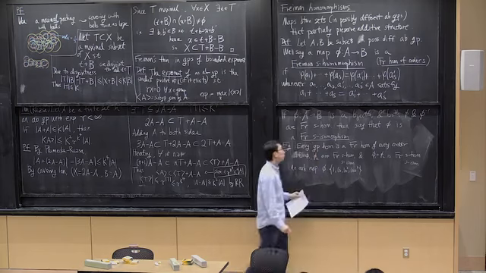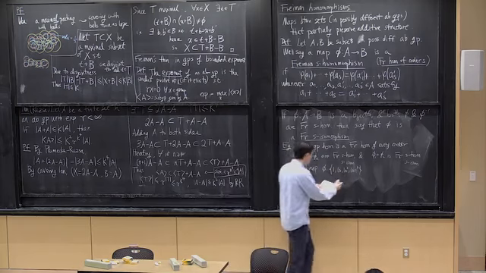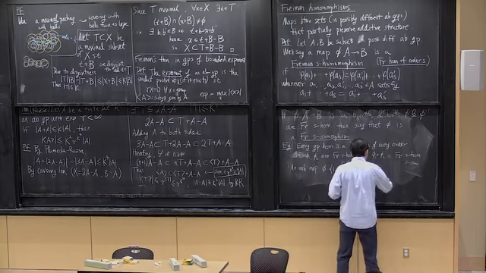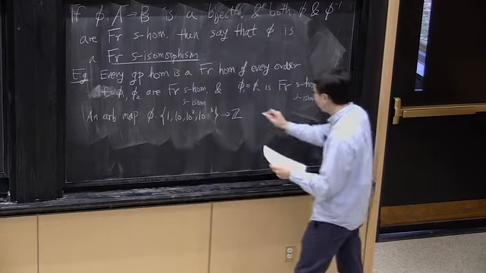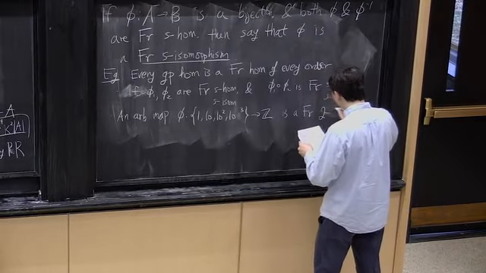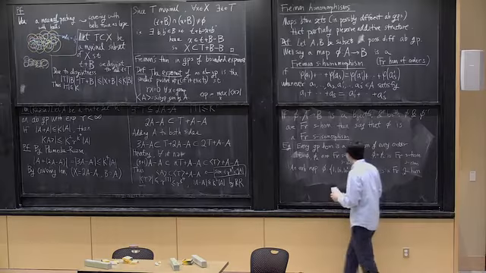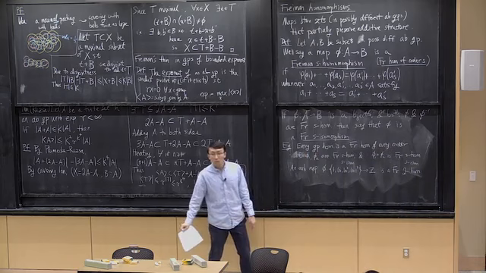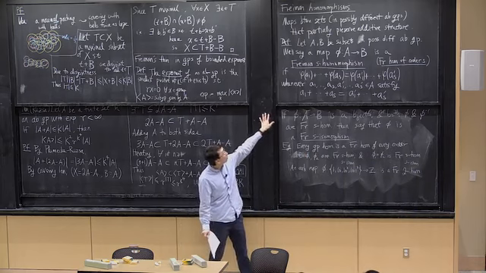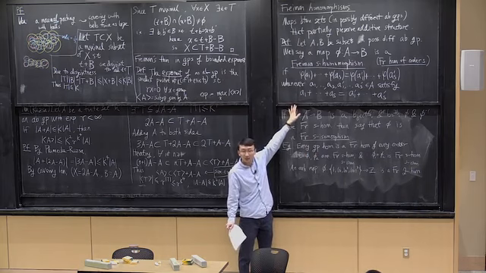It's a 4-element set with no additive structure, and I map it to the integers. I claim that this is a Freiman 2 homomorphism. You can check: whenever this is satisfied, but that's never non-trivially satisfied.